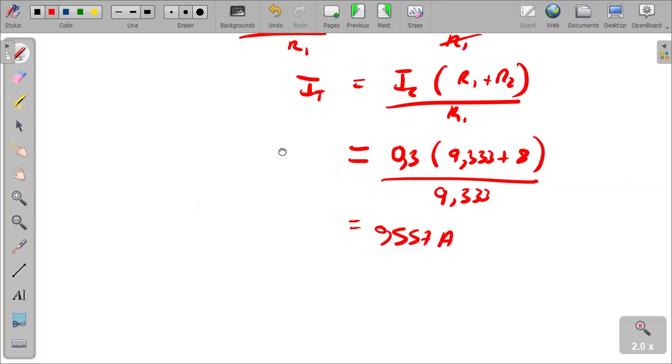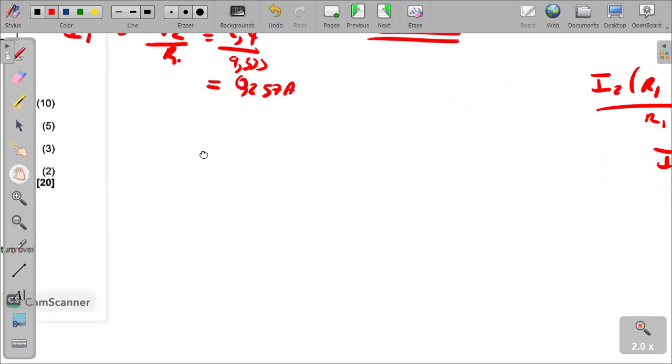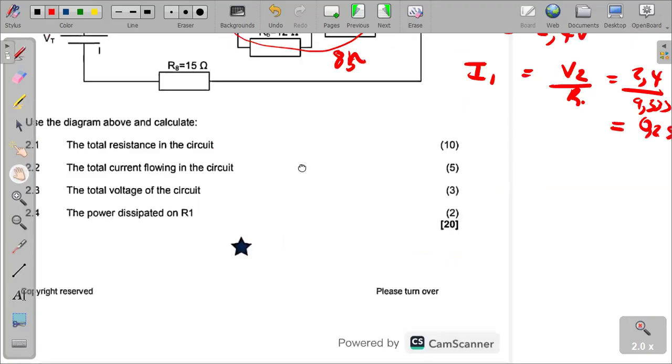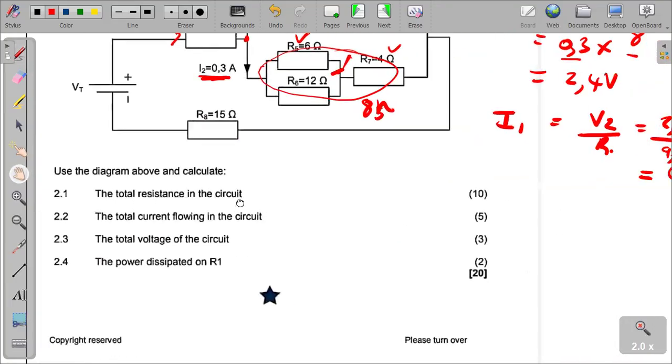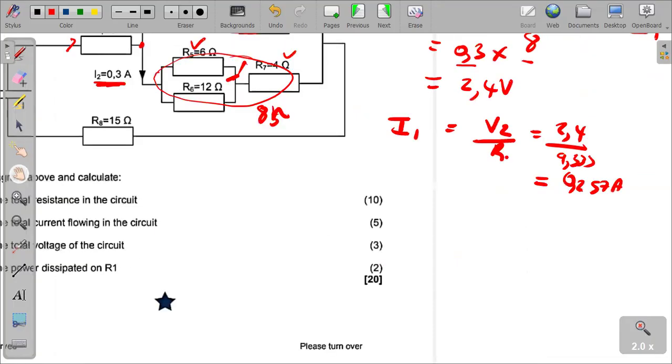There are many ways of arriving at the answer. So you realize it's not much that the question is really asking. The question is now asking the total voltage of the circuit. Now that we have total current, VT is equal to I total multiplied by R total, the total resistance.